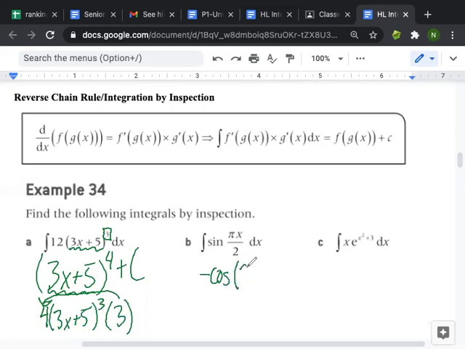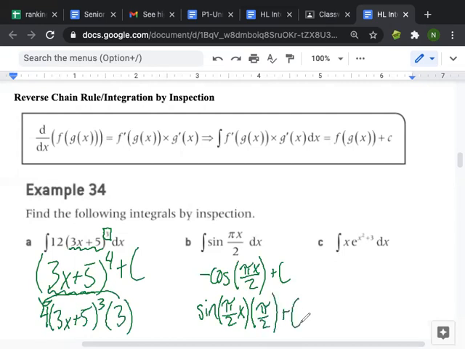So I'm going to try negative cosine of pi x over 2. So let's see what happens when I take the derivative of this. I get sine of pi over 2 x. But I also have to multiply times the derivative of the inside, which would be pi over 2, plus c.